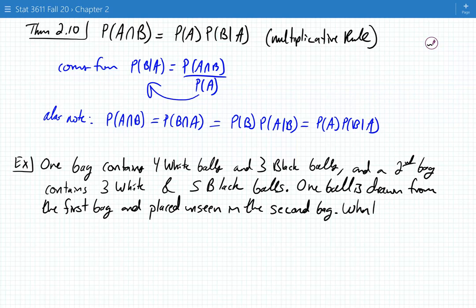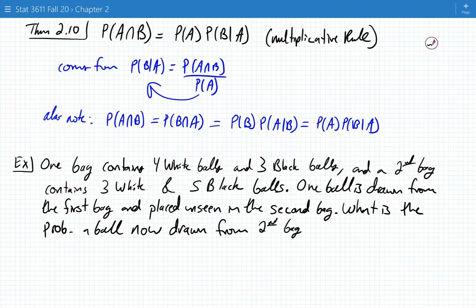So this question is saying, what is the probability then that a ball now drawn from the second bag is black?